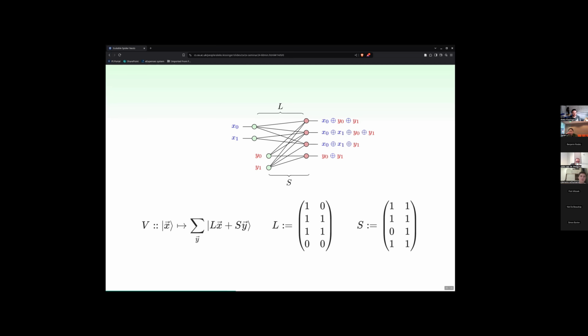So I have this matrix L, which captures the connectivity between my inputs and my outputs, but I have a second matrix S, which captures the connectivity from these interior things to my outputs. And what does the action of this overall isometry do? Well, it takes X to L times X plus S times Y, but the difference is here I sum over all the Y.